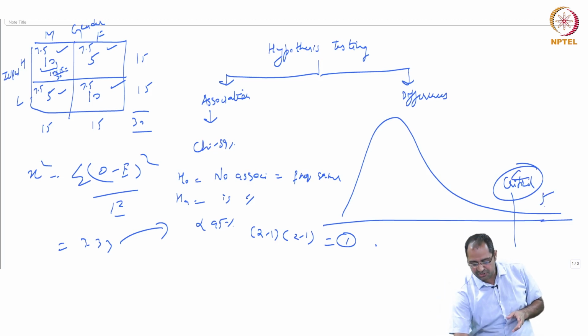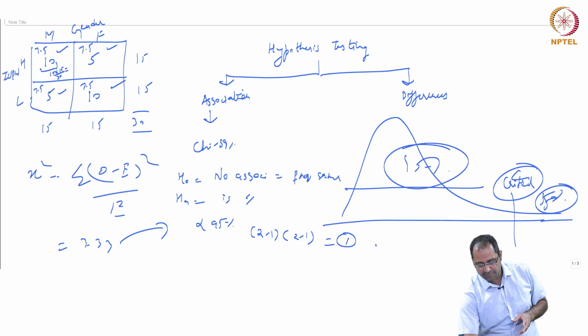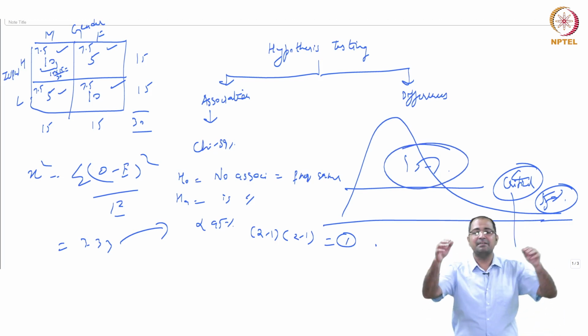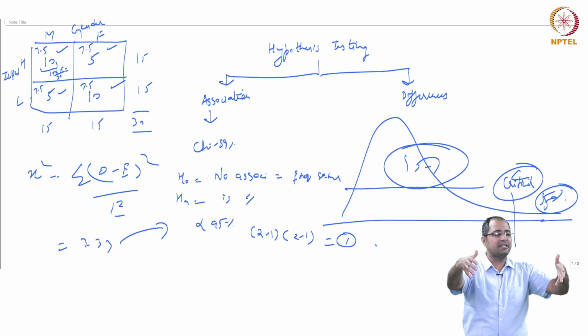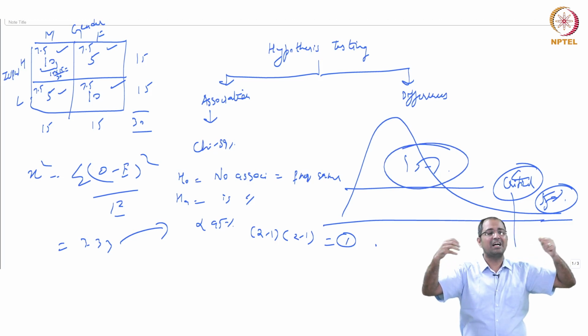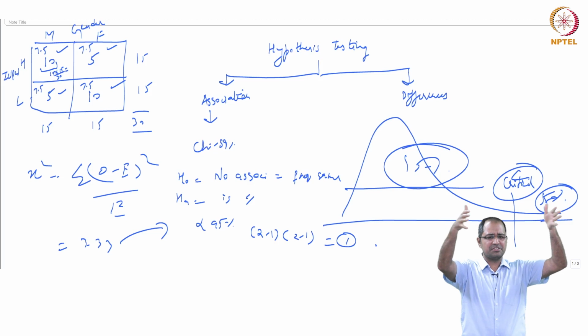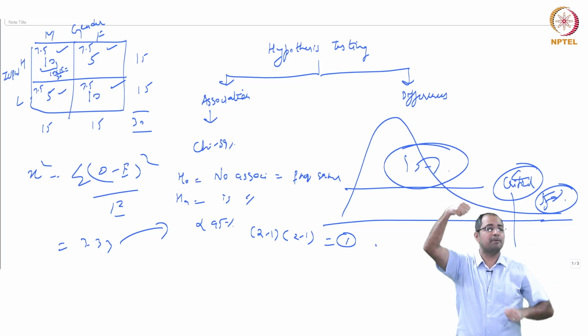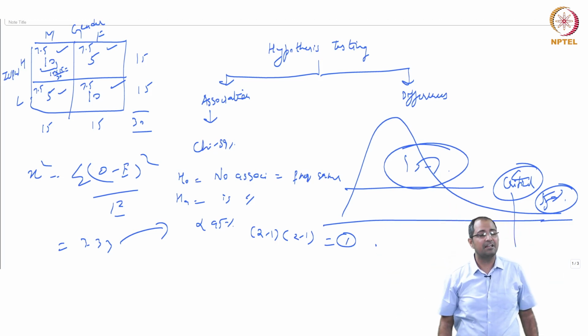This critical value is chosen: this is the 5% and this is the 95%. If in the population there is no association, there is a huge chance that you would have picked up a sample whose difference from the expected is not much. But you picked up a sample whose difference was more than the critical value.